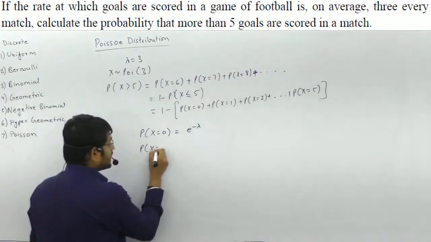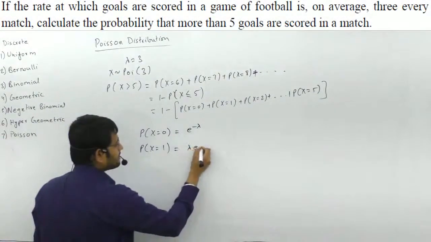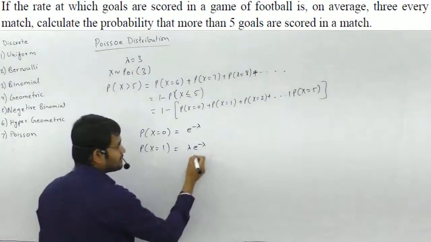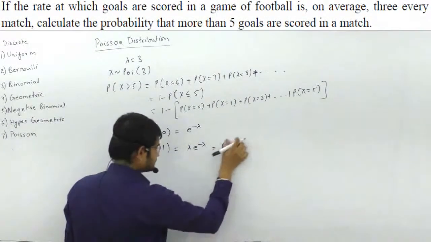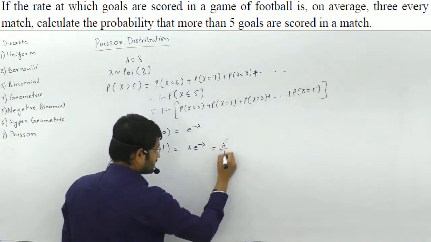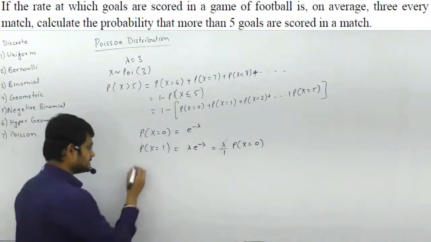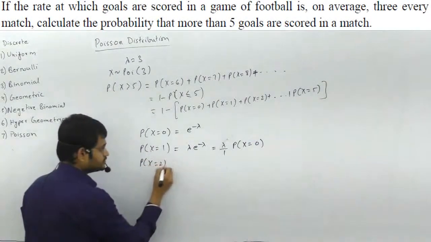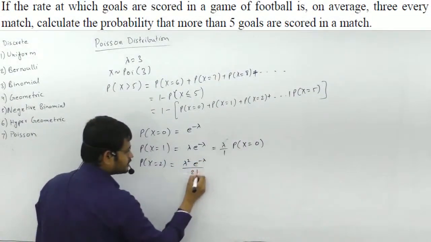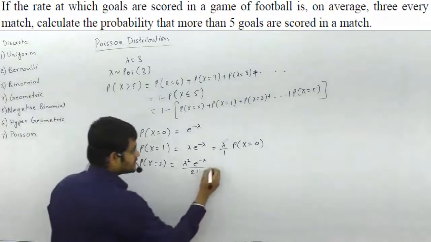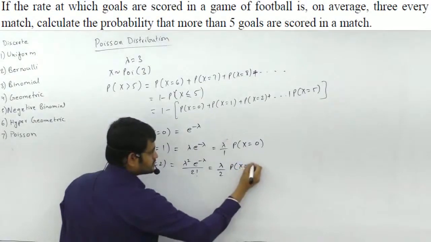Then probability x equals 1 is nothing but lambda raised to 1 e raised to minus lambda by 1 factorial, or I can say this is lambda by 1 into probability x equals 0. Similarly, probability x equals 2 can be written as lambda square e raised to minus lambda by 2 factorial, that is lambda by 2 into probability x equals 1.